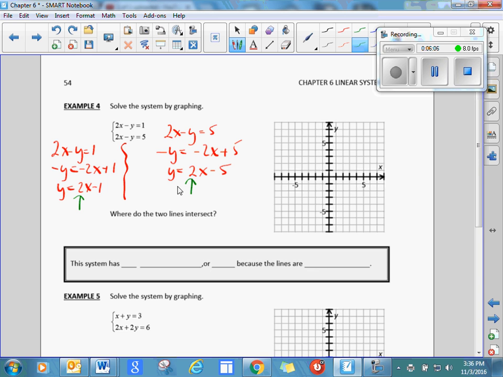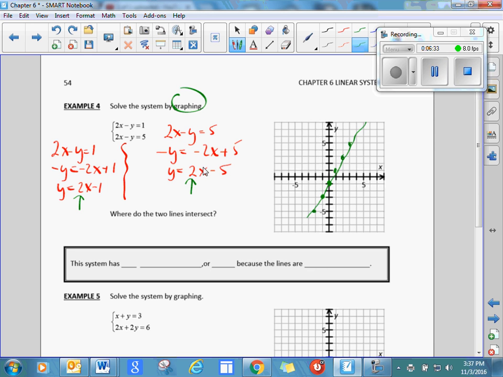So if we want to go and solve it graphically, because they told us to, let's start with the first line over here. We'll start at -1, and we'll go up 2 over 1, up 2 over 1, up 2 over 1, and I'll go down 2 over 1, down 2 over 1, and I'm going to try to get through that one.